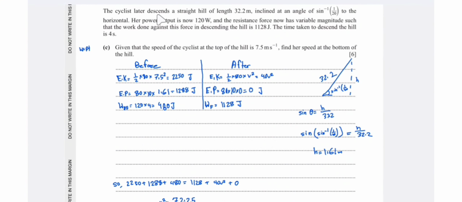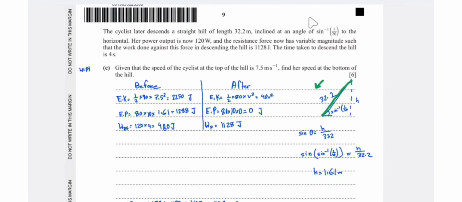The cyclist later descends a straight hill of length 32.2 meter. So the cyclist is moving downwards on the hill, inclined at an angle of sine inverse of 1 by 20 to the horizontal.